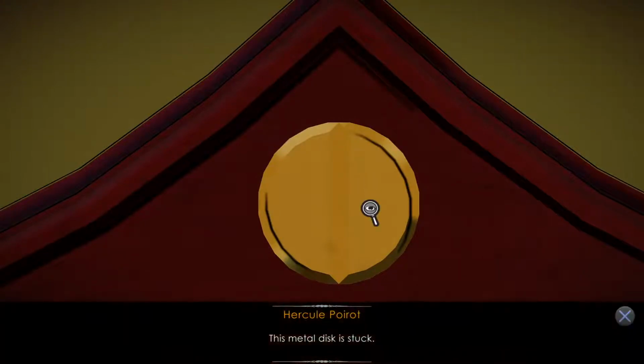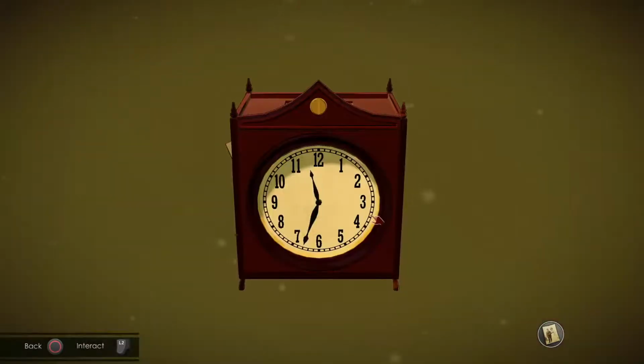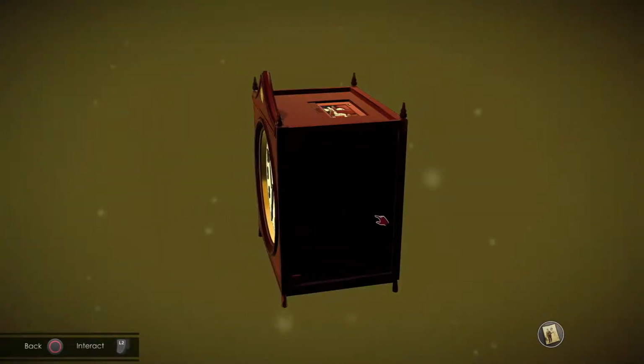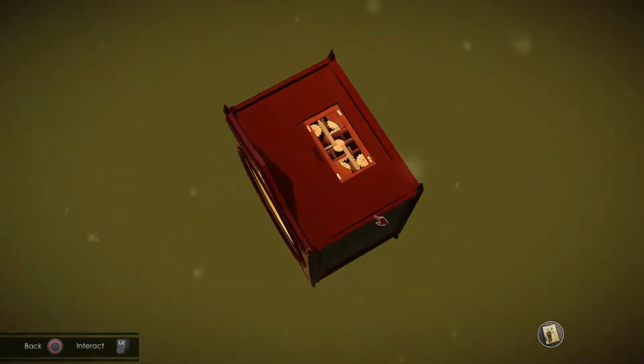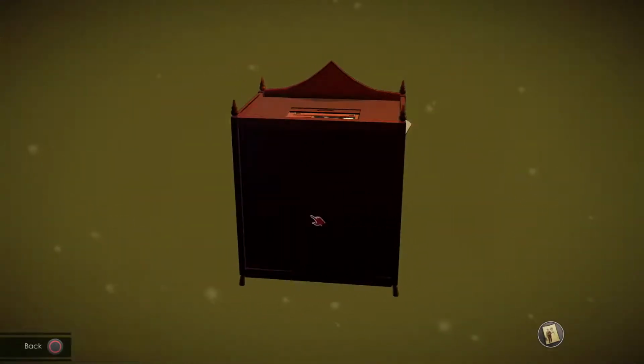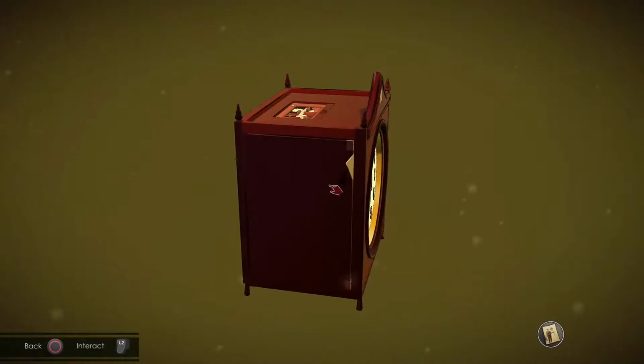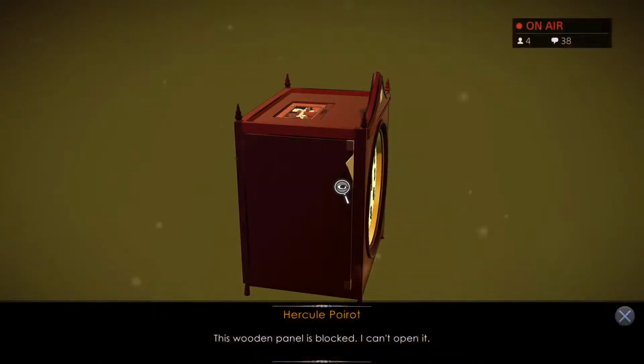This metal disc is stuck. Nice. How's it going, 95? Making progress? This wooden panel is blocked. I can't open it.